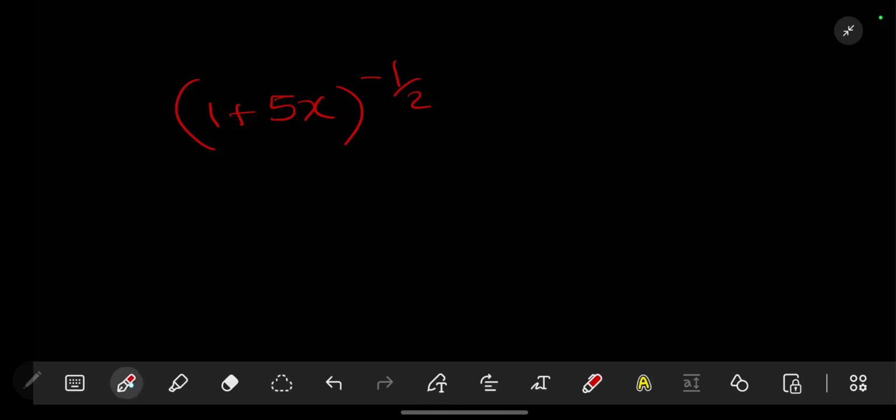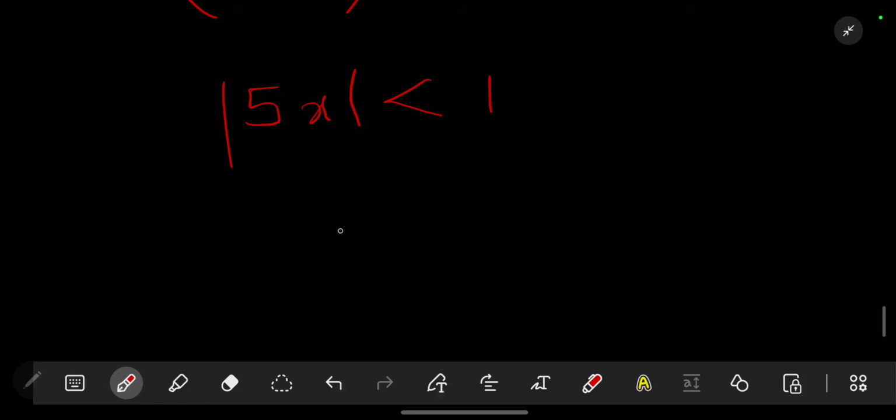So you just get this, whichever is connected to x, you say 5x, the absolute value of 5x should be less than 1. Then when you remove these modulus bars, it will be 5x less than 1, and this side greater than negative 1, like that. So negative and positive, immediately you remove the absolute value symbol. So the validity is from this range.